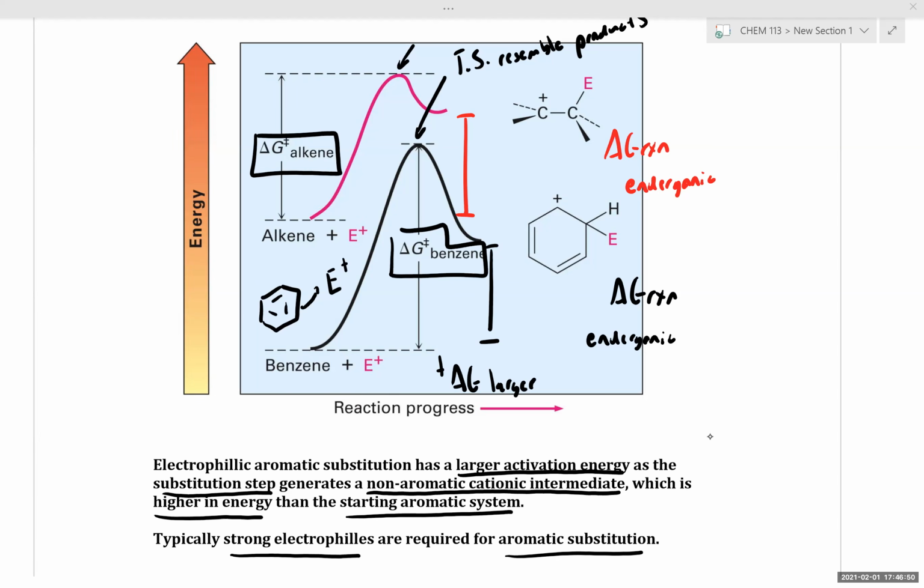Because even if you did get addition, that addition product could in turn undergo elimination and you'd go back to your substitution product. We'll see a diagram about that in a moment, but generally you don't see the addition product. Does that answer your question? Perfect.